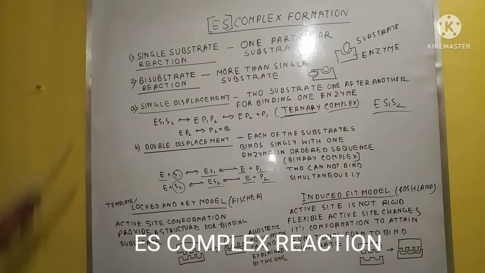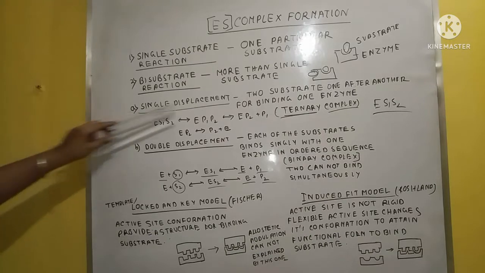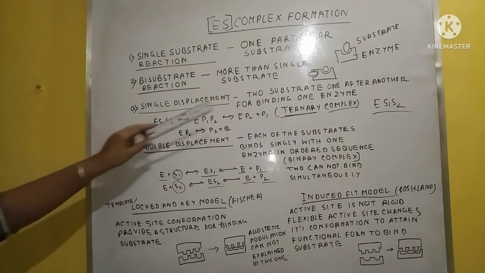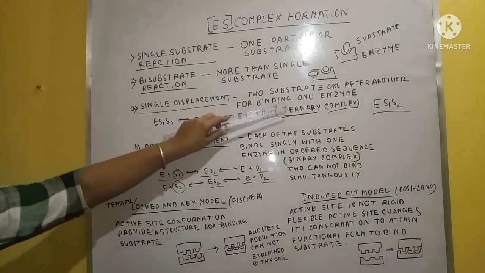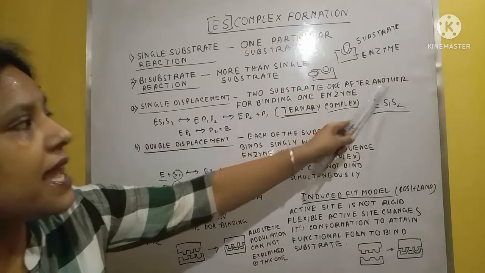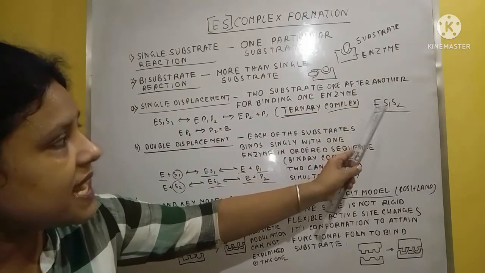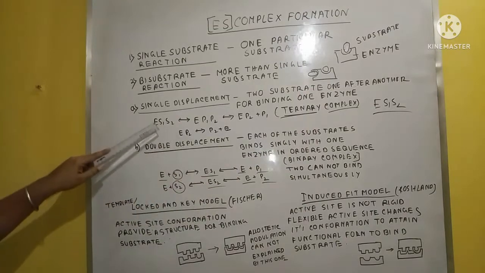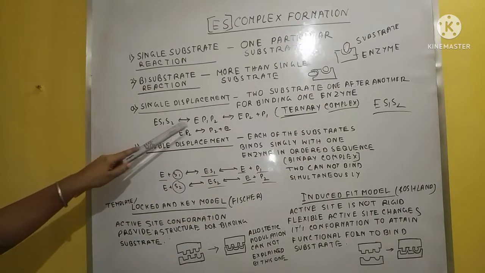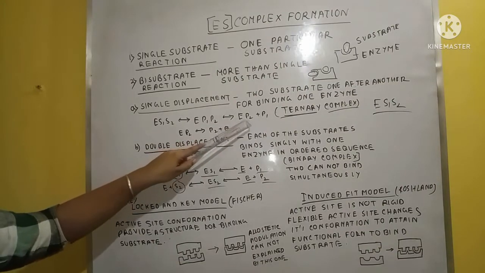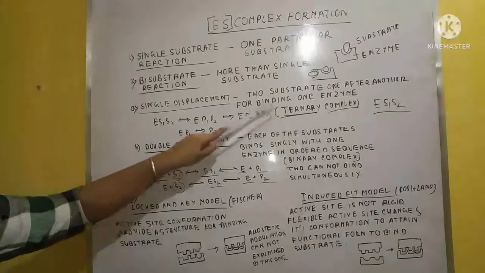What we learned today is the single displacement process and the double displacement process. In single displacement, the substrates bind one after another with a single enzyme. Here ES1S2 changes to EP1P2, and that changes to EP2 plus P1; the first product is formed.